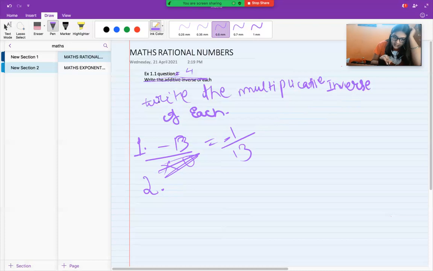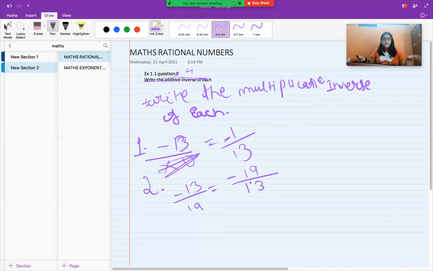So it will be minus 13 by 19, which will be equal to minus 19 by 13 as the reciprocal.